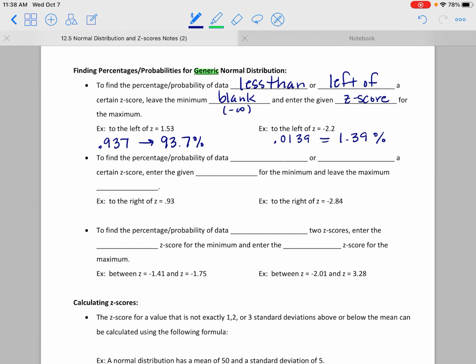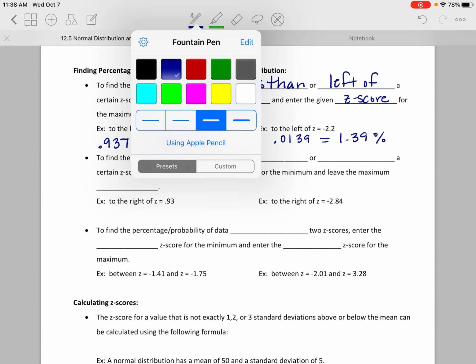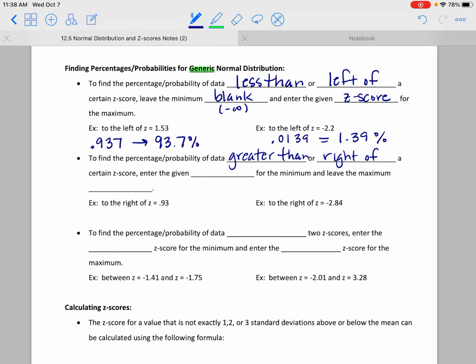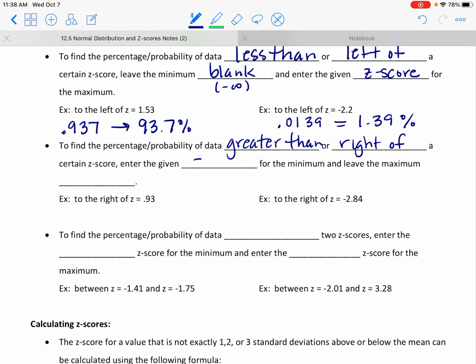Now, what if we want to find the percentage to the right of, or greater than? If we want a percentage greater than or right of, those mean the same thing, a specific z-score, then this time we're going to enter the z-score in for the minimum, and then we're going to leave the maximum blank.